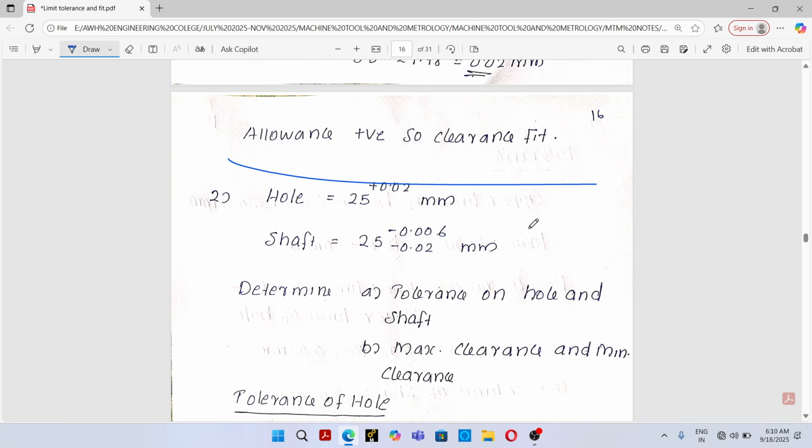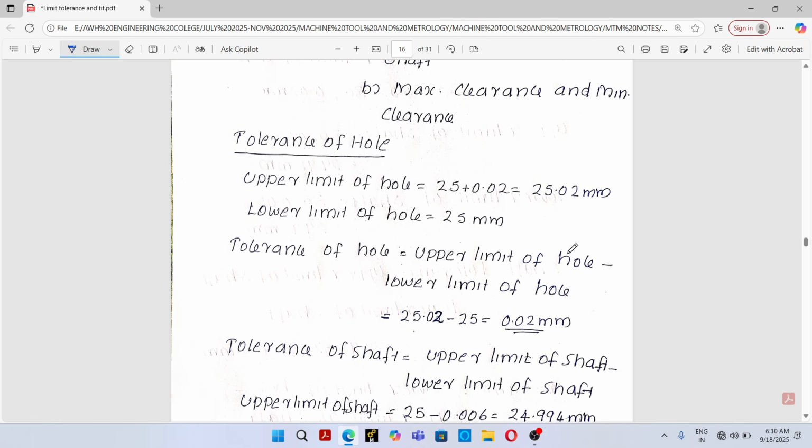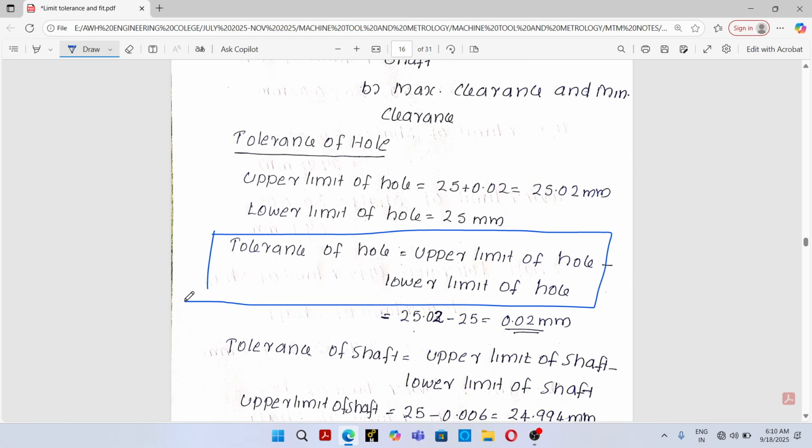So tolerance of hole. Upper limit of hole is equal to 25 plus 0.02, 25.02 mm. Lower limit of hole is equal to 25 mm.